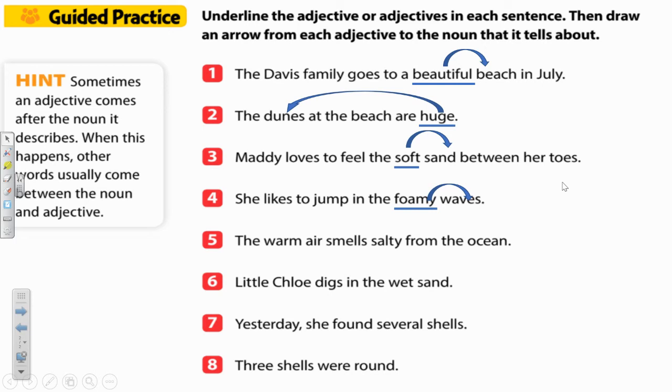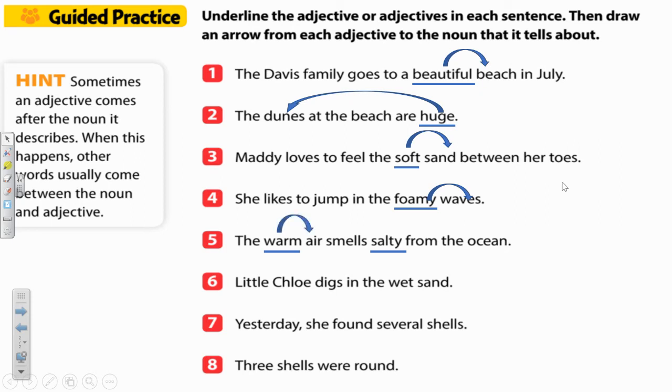Number 5, the warm air smells salty from the ocean. I actually see more than one adjective in this sentence. One word that's describing is warm. The other word that's describing what kind is salty. Now we have to think, what are those adjectives describing? What's warm? Warm is describing air.